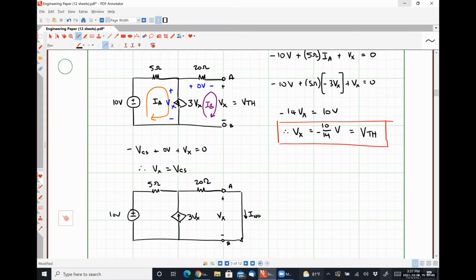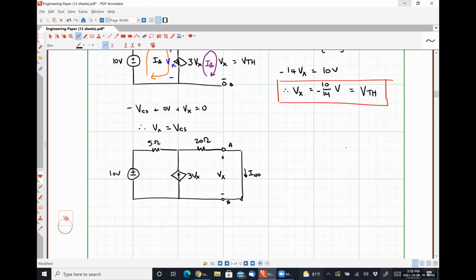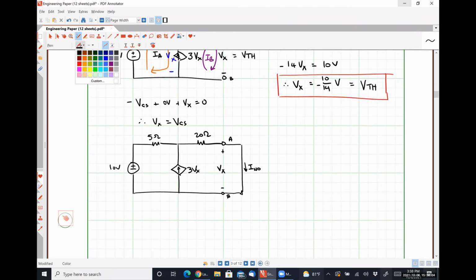So what should our Norton current be if we are treating that interior current source as an open circuit? 10 over 25, right? So let me recap that for you.